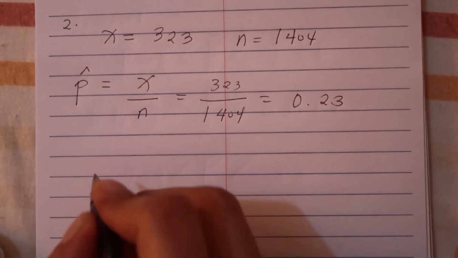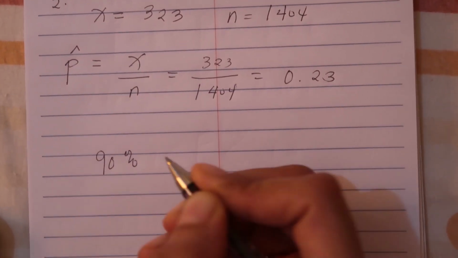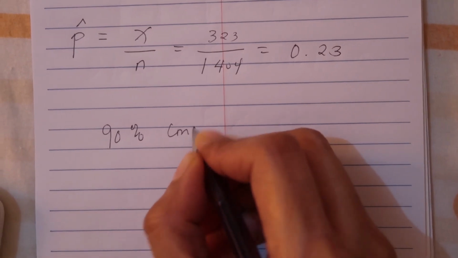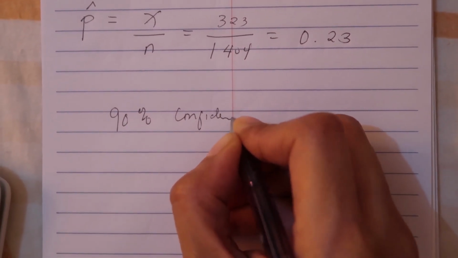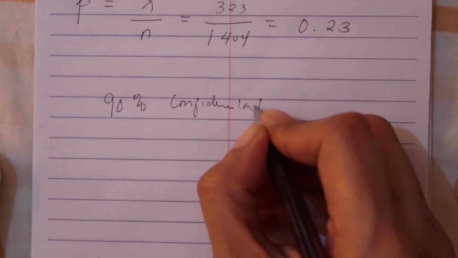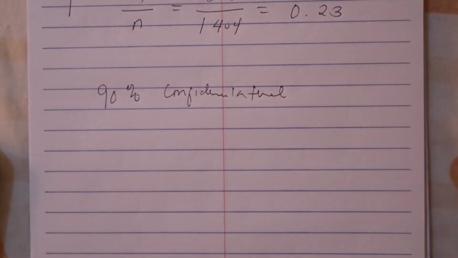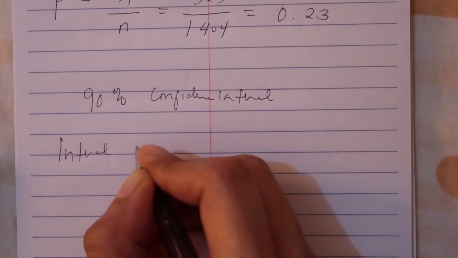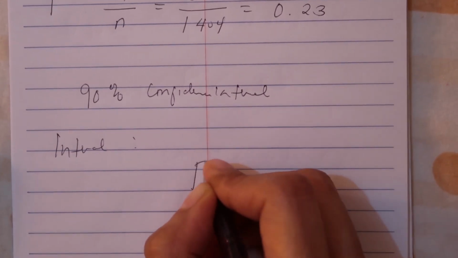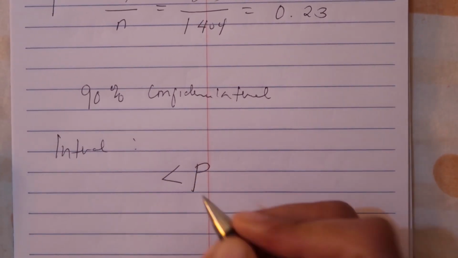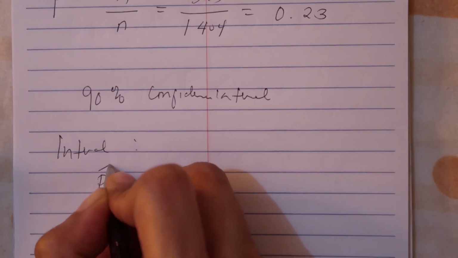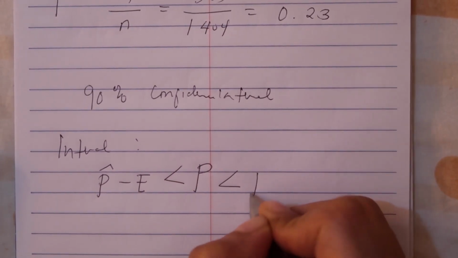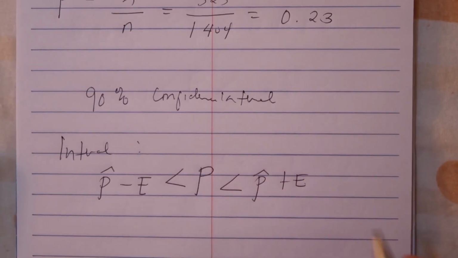Now, we need to look for the 90% confidence interval. So the interval will be: the population proportion is greater than the sample proportion minus the margin of error, but less than the sample proportion plus the margin of error.